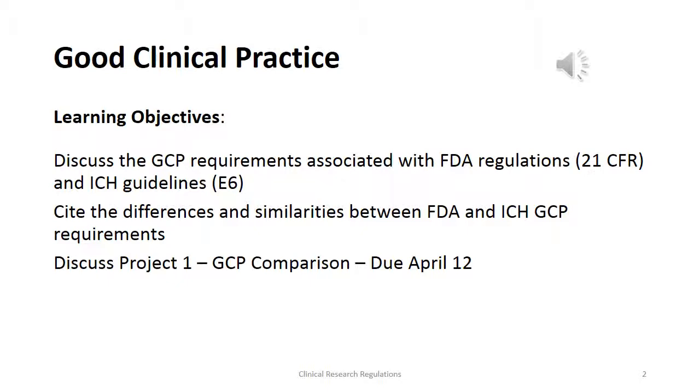We're also going to cite the differences and similarities between the FDA and ICH good clinical practice requirements. And then the last thing we're going to do is discuss briefly your first project, Project 1, which is going to be a comparison and contrasting of the GCP requirements for both FDA and ICH. That will be due on April 12th.